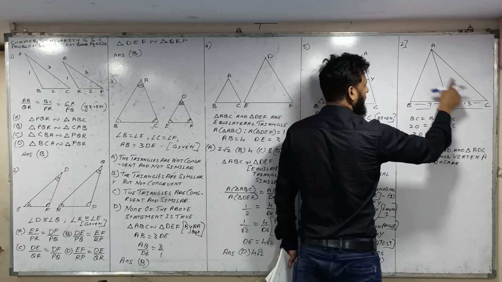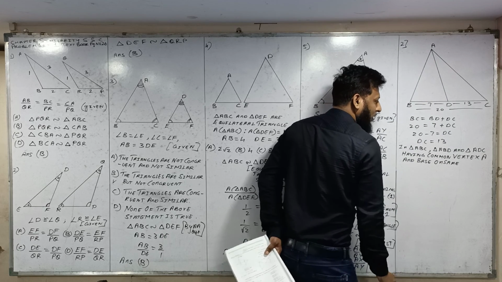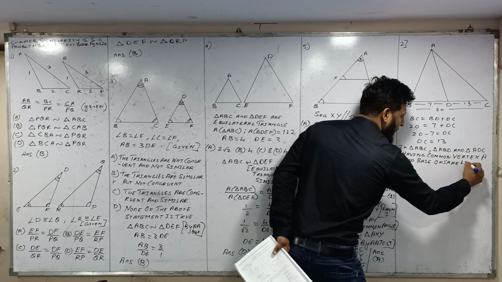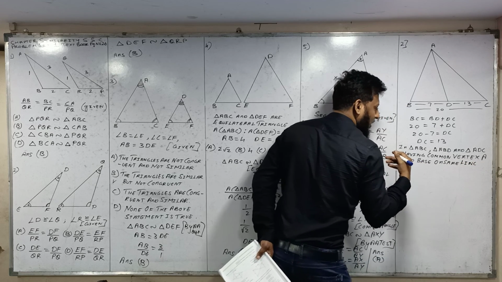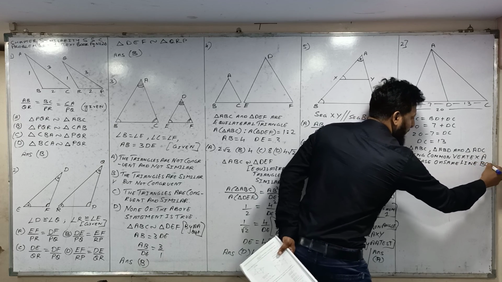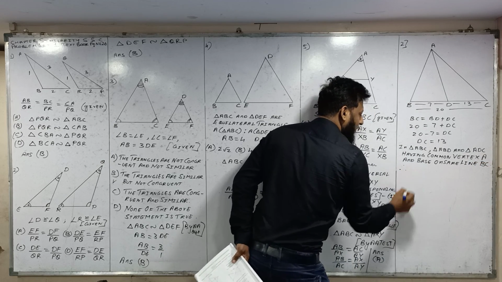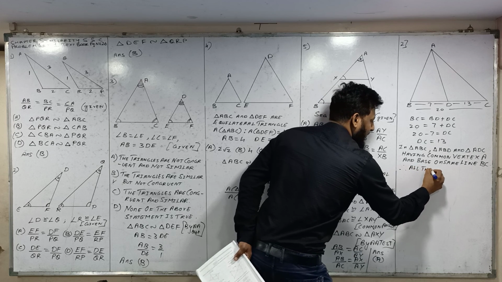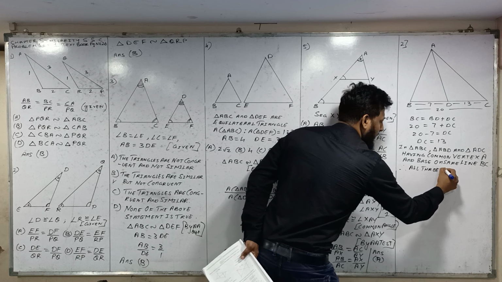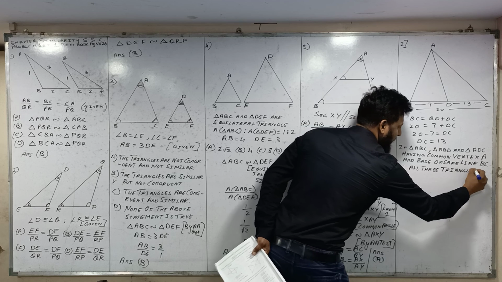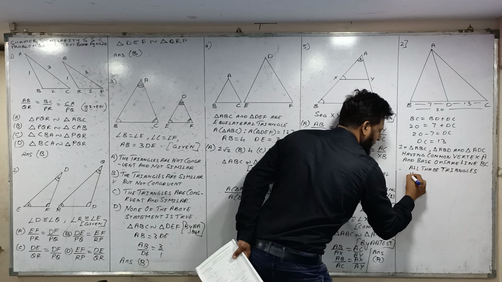Okay, BC is opposite A, and they have the common vertex A and the base on the same line BC. Therefore all three triangles have equal height.